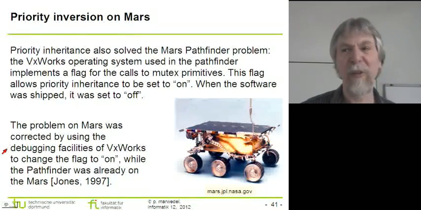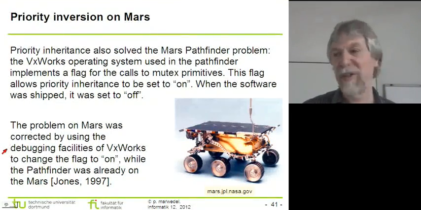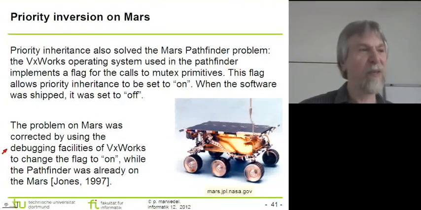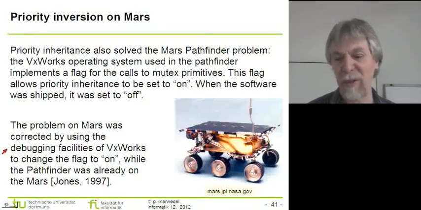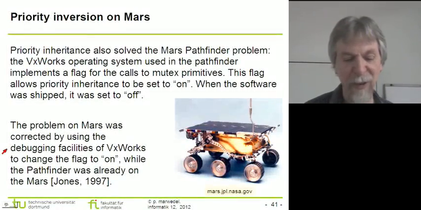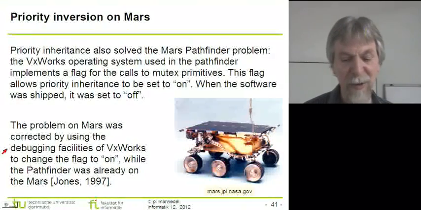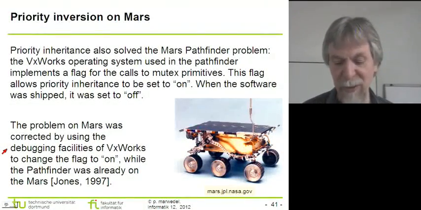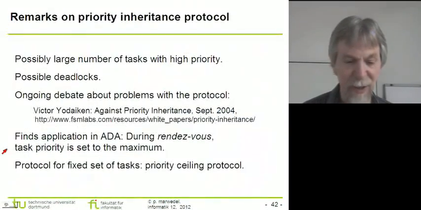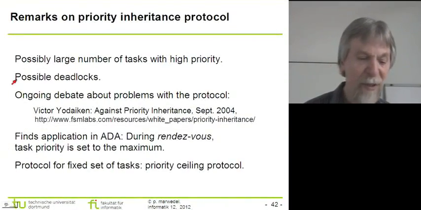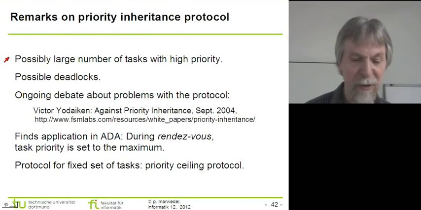They changed it from off to on. So using the debugging facility, they modified the values there in the memory. And they knew, of course, the values in the memory. They knew exactly where these parameters were stored. And they changed them so that while the system was already deployed on Mars, they turned priority inheritance on. So in that way, they solved the problem with the Mars Pathfinder.